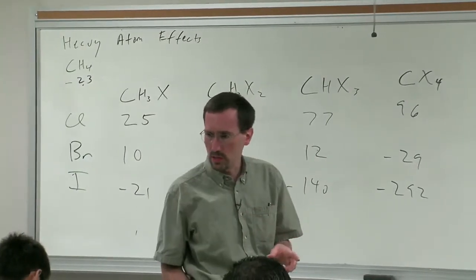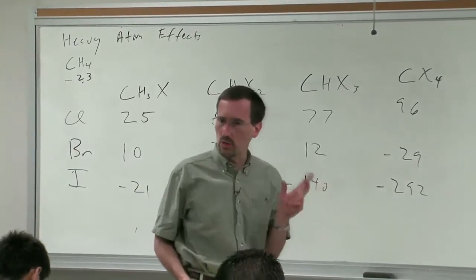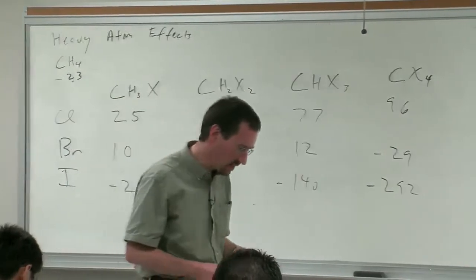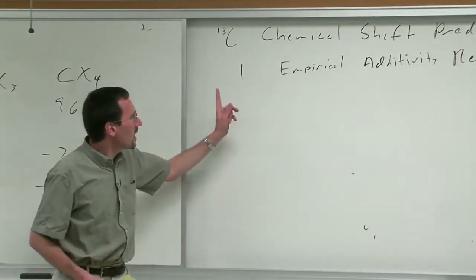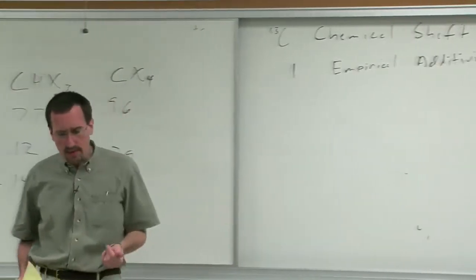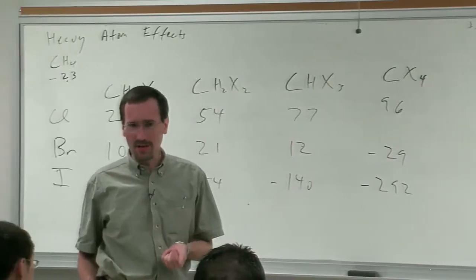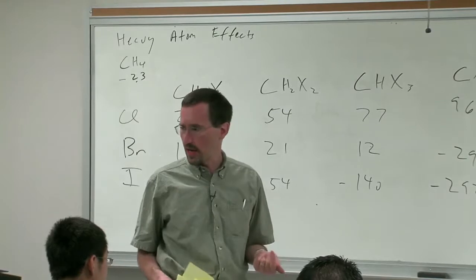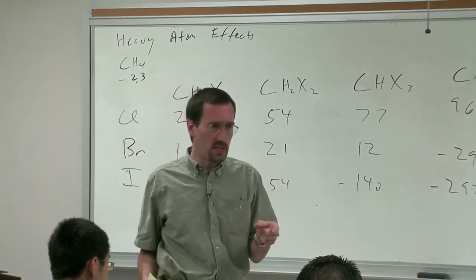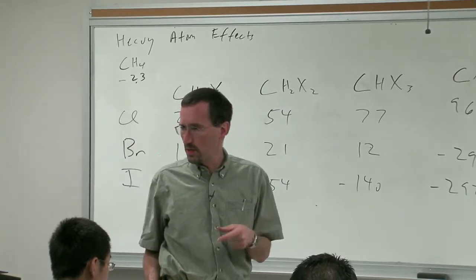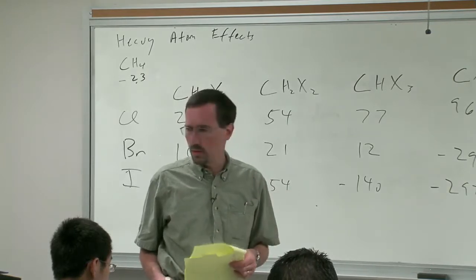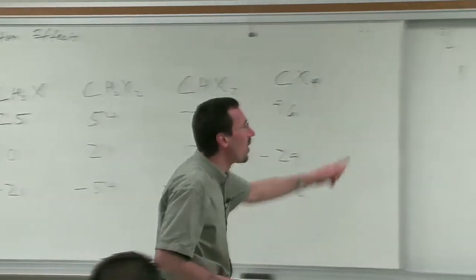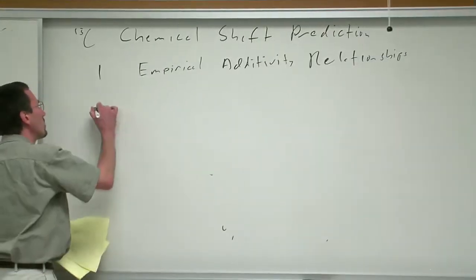They do it to a limited extent in Silverstein, and I'll show you that just for aromatic systems. Unfortunately, the ChemDoodle program, which tries to do chemical shift prediction, is thus far still very much in development, and they've thus far got it wrong. There is also a small CD, Windows only, that goes with the orange book, the supplemental book in the course, that has some limited chemical shift prediction based all on empirical additivity relationship.